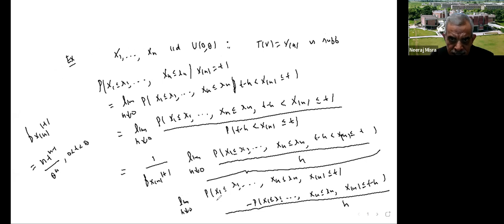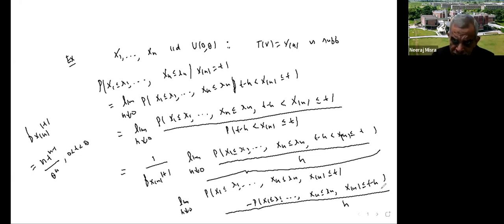The first was that X1 less than or equal to x1, ..., Xn less than or equal to xn, then the maximum less than or equal to t, that means each of them is less than or equal to t. That means X1 less than or equal to t, X2 less than or equal to t, ..., Xn less than or equal to t. So X1 would be less than or equal to the maximum of x1 and t, ..., Xn would be less than or equal to the maximum of xn and t.